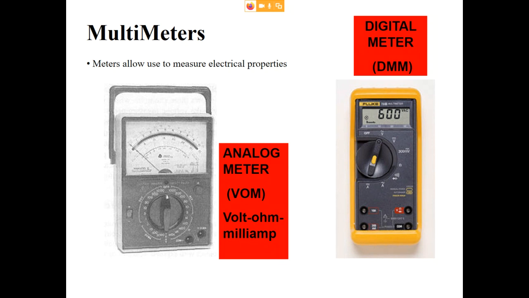So hopefully, if you tried to shove 100 amps through it, the fuse would blow before it got anywhere near that, and it wouldn't damage anything but the fuse, and you could just replace the fuse. The analog meters are usually referred to as a VOM, volt ohm milliamp meter, and digital meters are usually referred to as DMM, which is just digital multimeter.